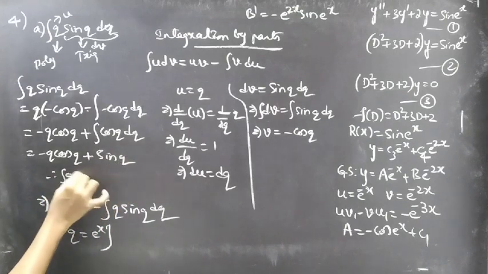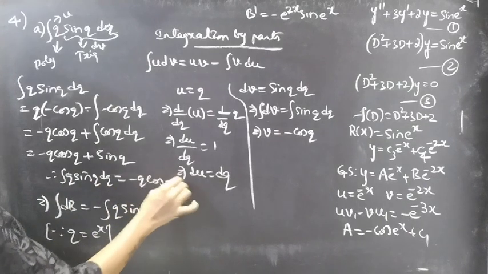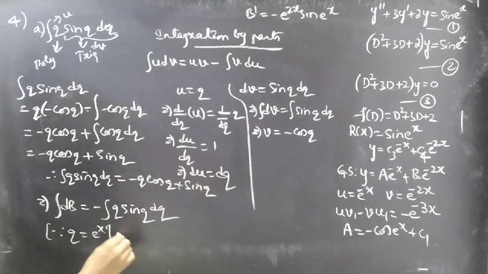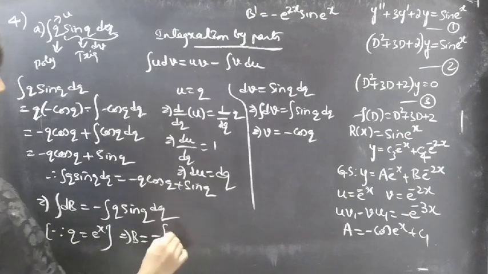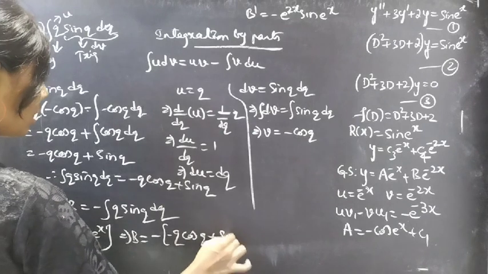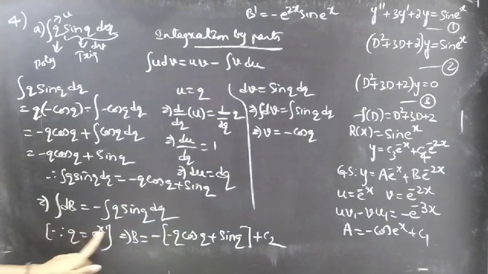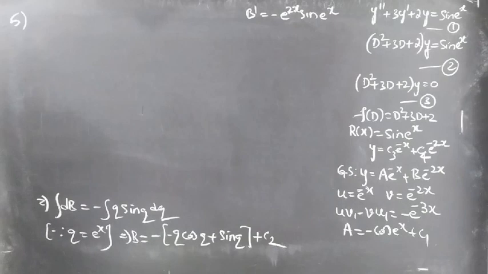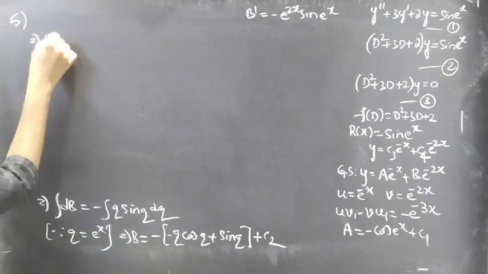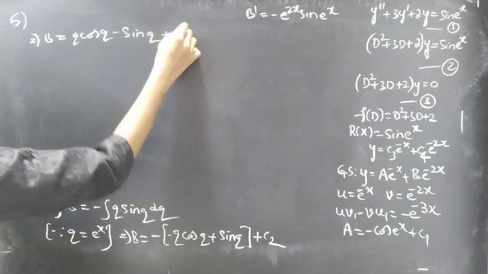Therefore integral q sine q dq equal to minus q cos q plus sine q, right? So from this we'll get integral db equal to minus integral q sine q, which is minus q cos q plus sine q, plus an integral constant, say c2. Let's now replace q with e power x. From this we'll get b equal to q cos q minus sine q plus c2.